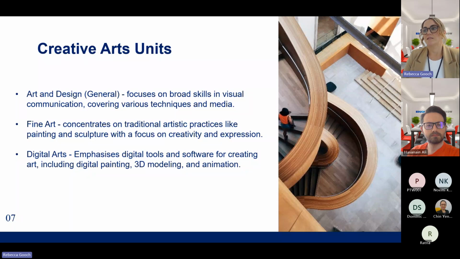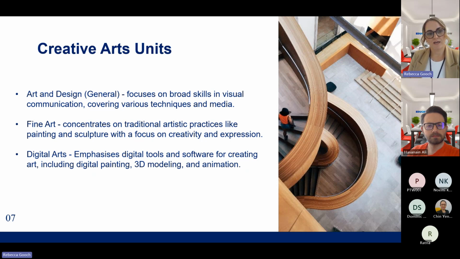So in terms of creative arts units, the focus initially is on these 3 units that pertain to art, design, fine art and digital art. So the art and design general, the purpose why we put general there is that it is quite a broad spectrum of techniques where it's very exploratory and covers various techniques in media.